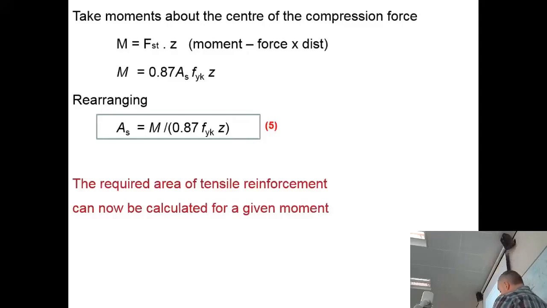Just for interest, that's the Eurocode. AS is M over 0.87 FYK times Z. For the British Standard, AS used to be M over 0.95 FYK times by Z. So based upon that we've got a smaller number on the bottom, 0.87, in the designs using Eurocode, we now use 9% more steel in our concrete design compared to when we used to use British Standard, which might upset some people.